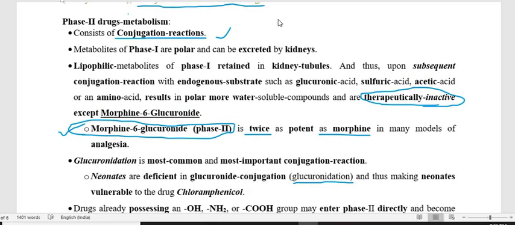So what happens in this phase 2 reaction? The drug that goes through the phase 1 reaction forms the metabolites of phase 1.